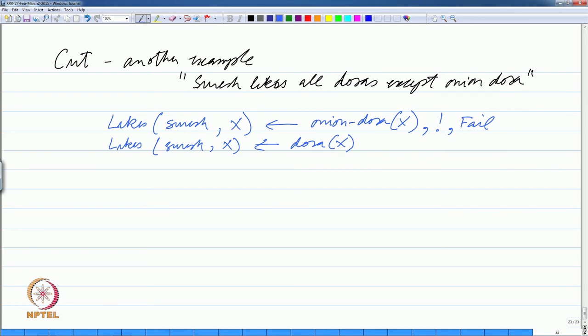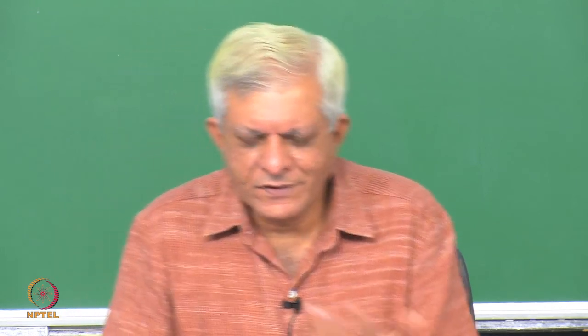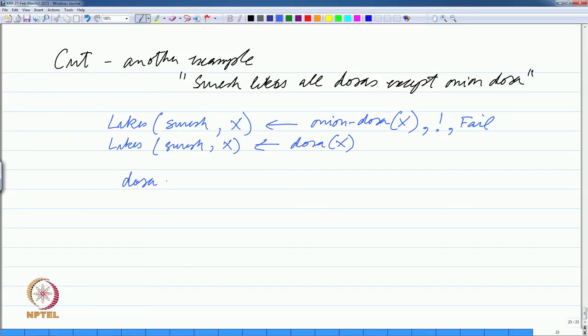But because Prolog will first look at the first clause, if the dosa happens to be an onion dosa, he would not like it, essentially. And then you can give definitions for dosa.